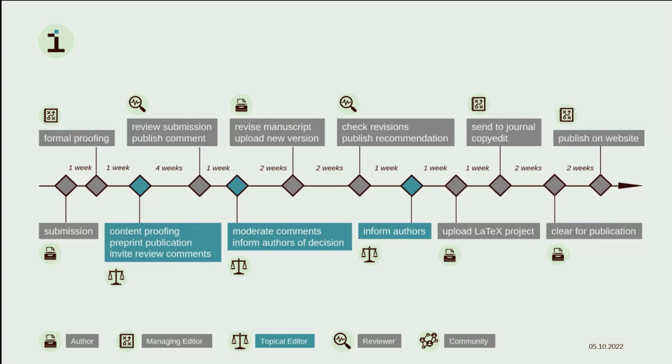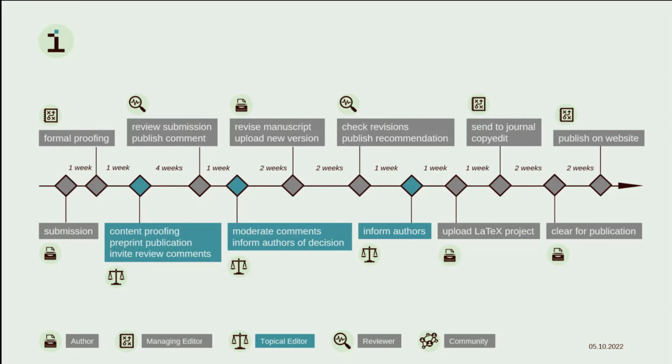Here the topical editors have to prove the content, publish the preprint, and invite review comments, and then moderate this process between reviewers who submit their comments, the authors who respond, and also rounds of revision that are conducted. And here it's important to moderate the comments and inform authors about decisions, and just in general make this peer review moderated and transparent.